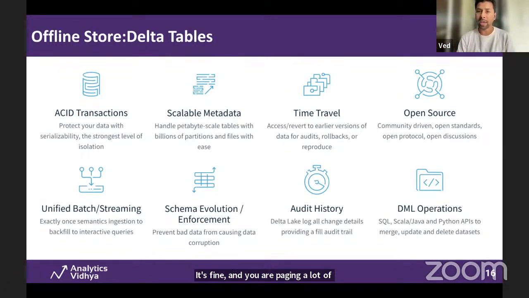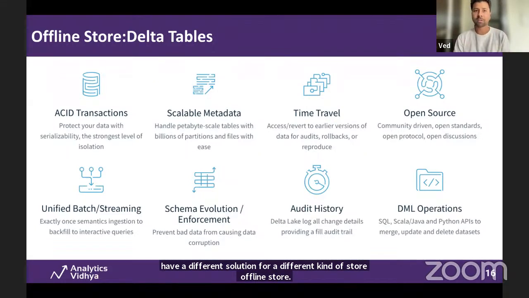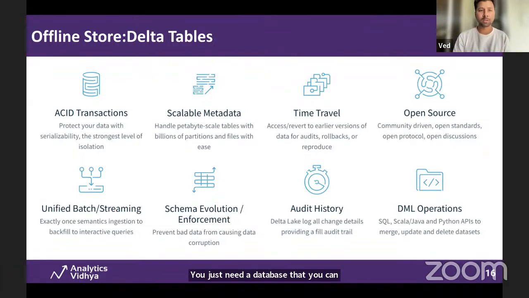So you might not need these solutions, because they are costly as well. That's why we have a different solution for different kinds of store. For the offline store, you just need a database where you can fetch the data and pre-process it. So you can use a Redshift database, MySQL database, any other database, right?